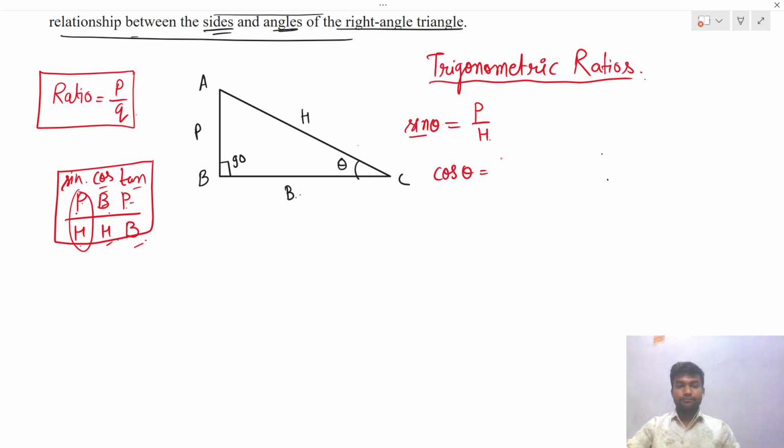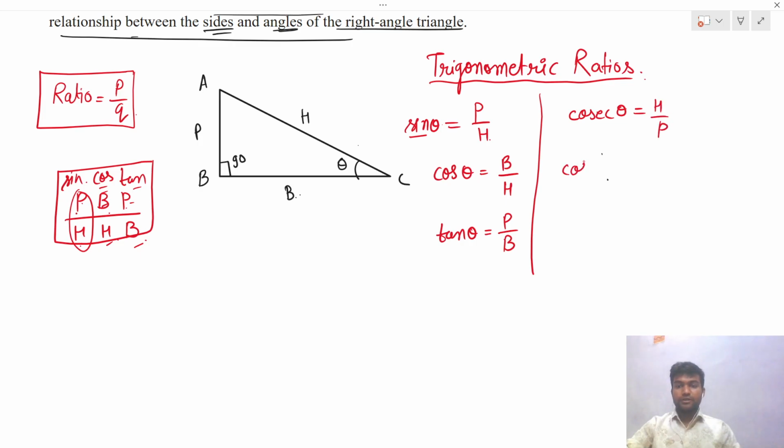So cos theta, base upon hypotenuse. Tan theta, perpendicular upon base. These three ratios, or the reciprocals of these: sine's reciprocal is cosec of theta, hypotenuse upon perpendicular.